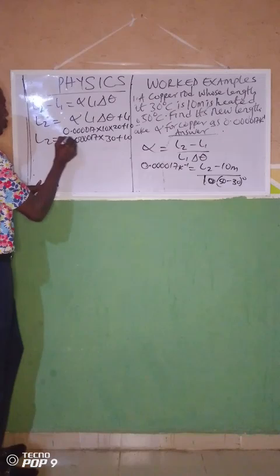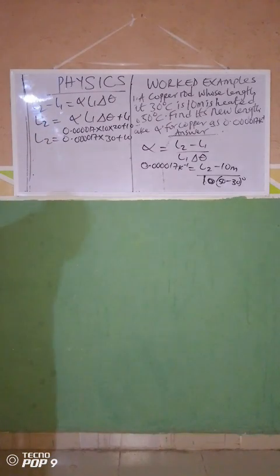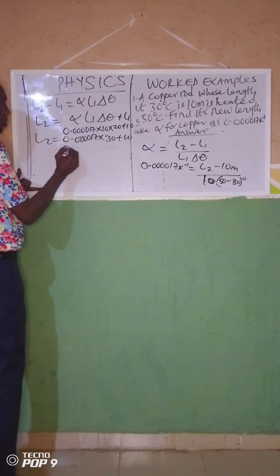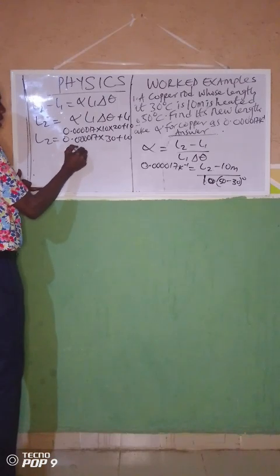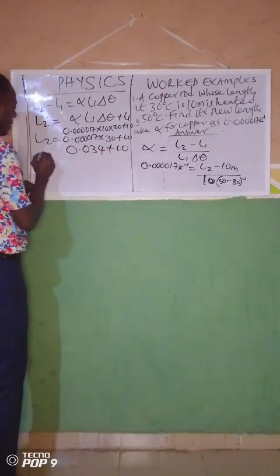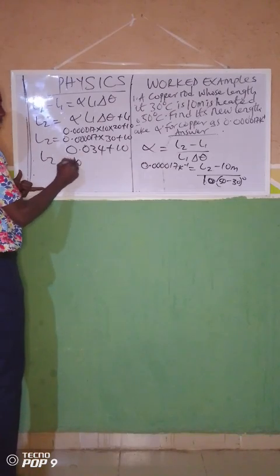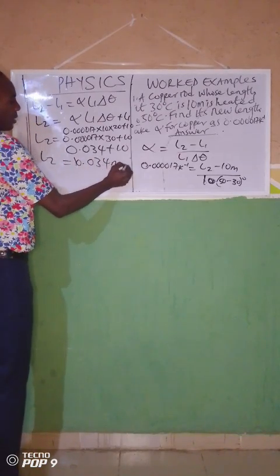Let's use our calculator now. Our L2 will be 0.034 plus 10. L2 will be 10.034 meters. Thank you.